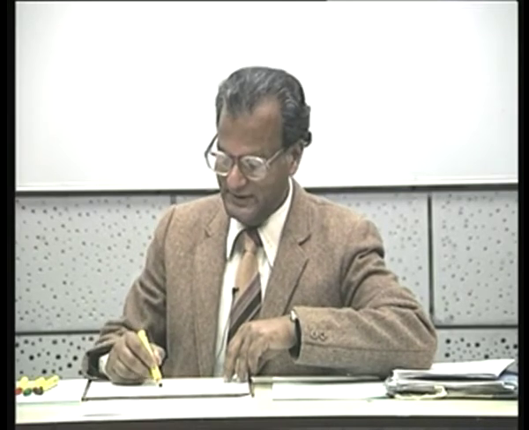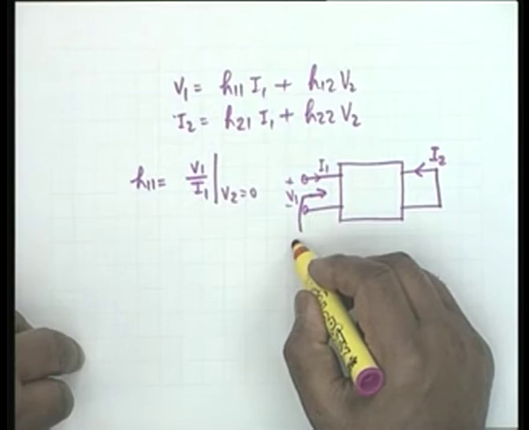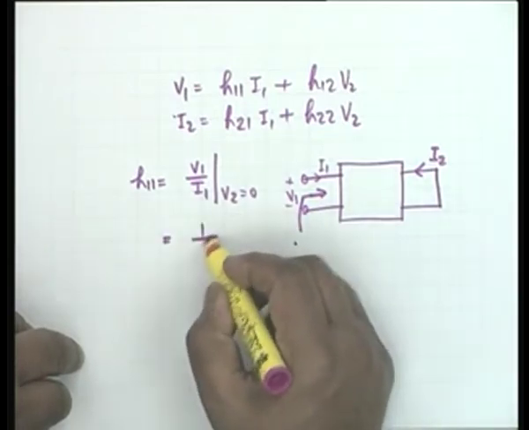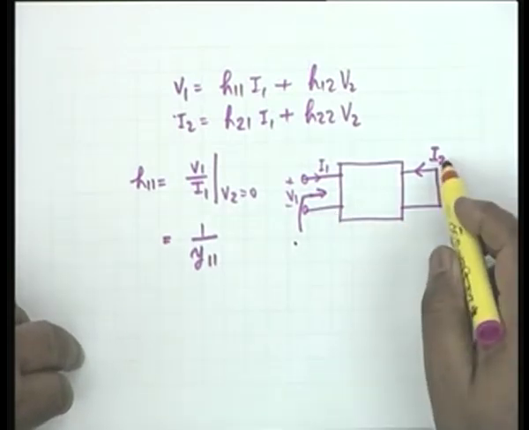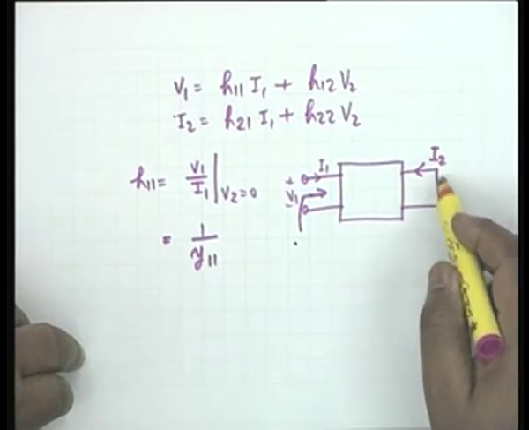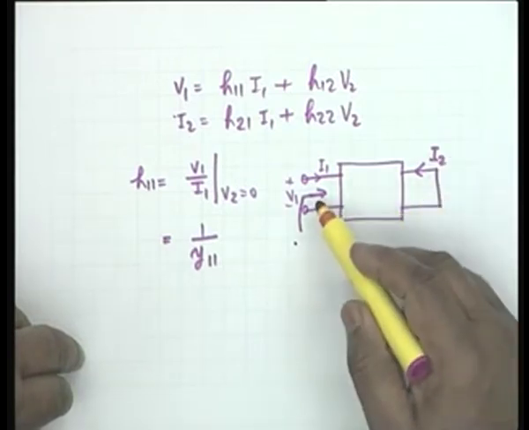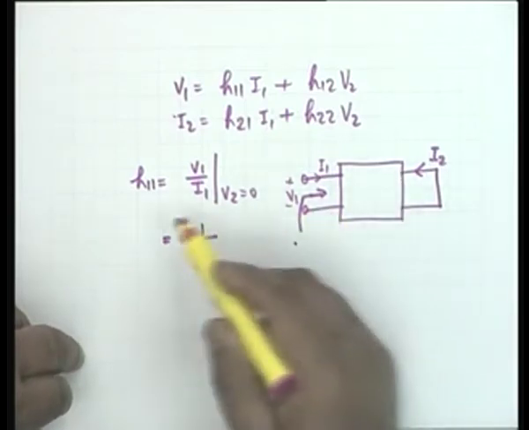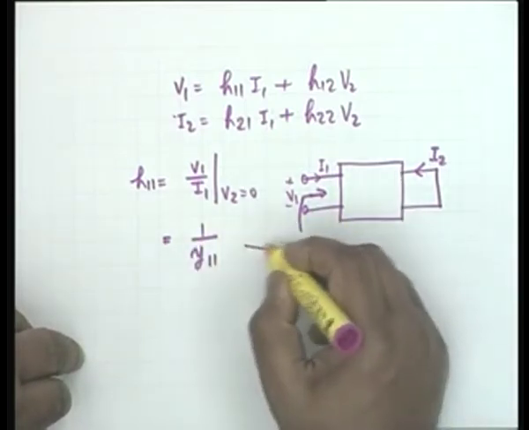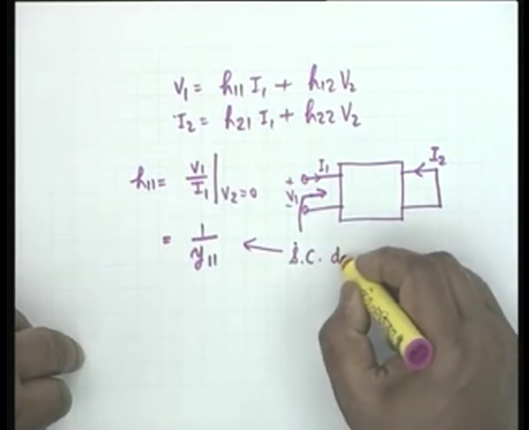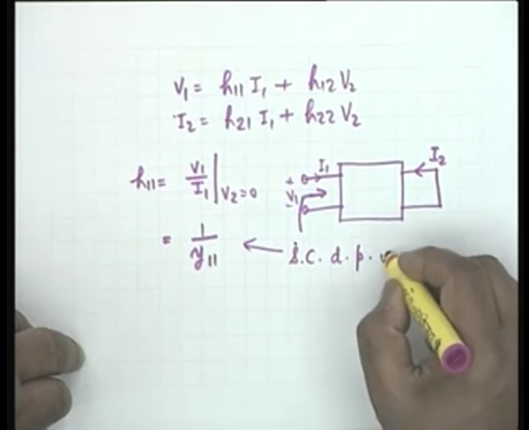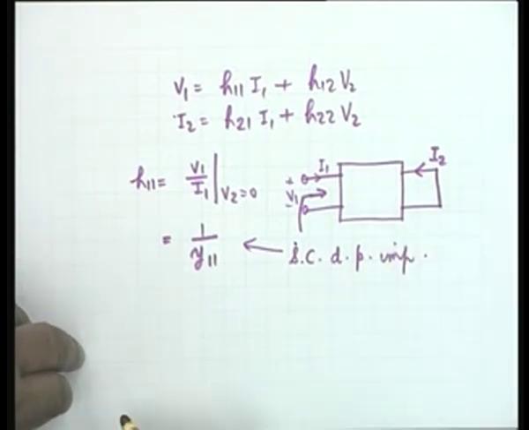So, what is the admittance? By definition, this admittance is Y11, and therefore H11 is simply related to the Y parameter Y11. Output short circuited gives the input admittance as Y11, and this is a short circuit driving point impedance.